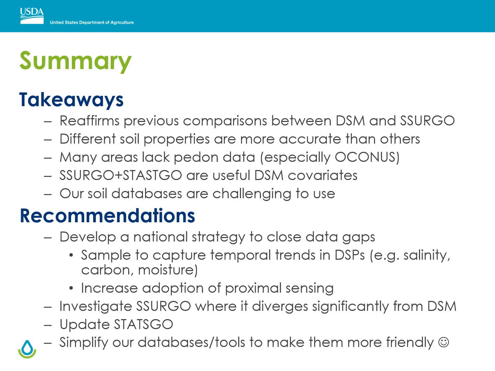In order to increase the speed of data collection, this will undoubtedly require the use of proximal soil sensing. Second, projects should be prioritized in areas where SERGO diverges significantly from DSM. Third, where point data is lacking and STATSCO is the primary soil dataset, STATSCO should be updated accordingly until enough point data can be gathered.